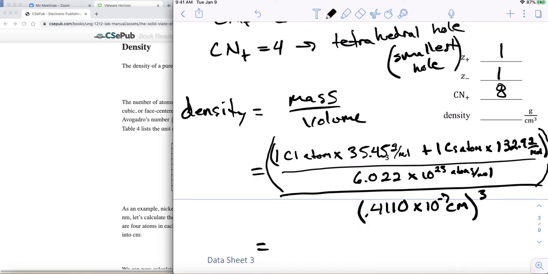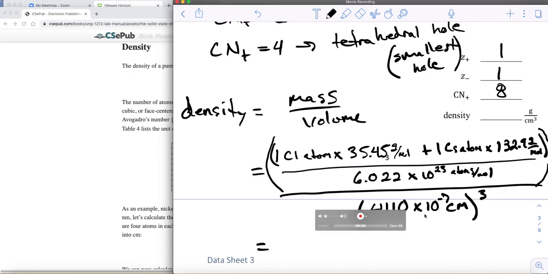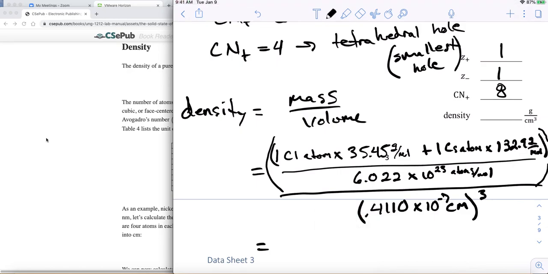So I'm still going to get some really tiny numbers for my mass and my volume. I will go ahead and calculate those so you can see the steps involved here. So 35.45 times 1 plus 132.9 times 1, divided by Avogadro's number.